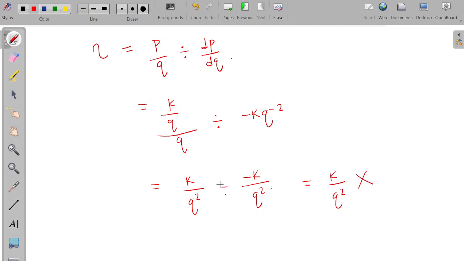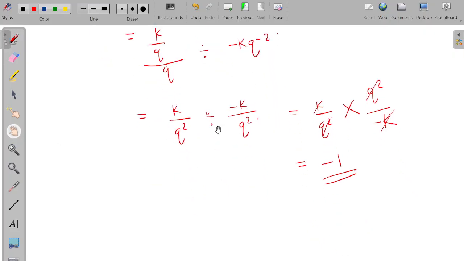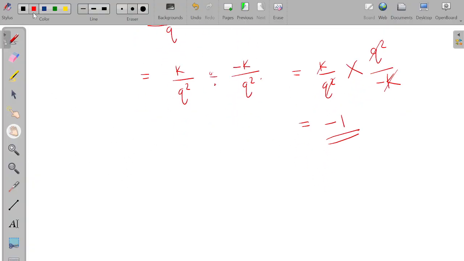So you can change this division to multiplication, it will now be over negative K, which will give us negative 1. This cancels this. This cancels this. Okay, it will be negative 1. So our point elasticity of demand is negative 1.